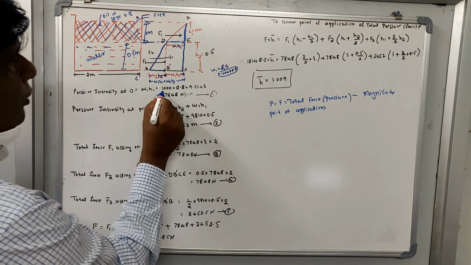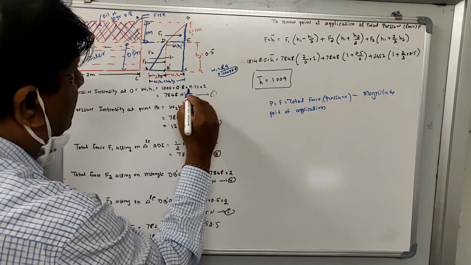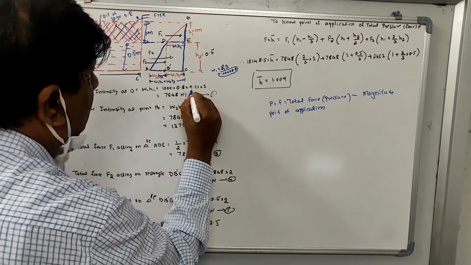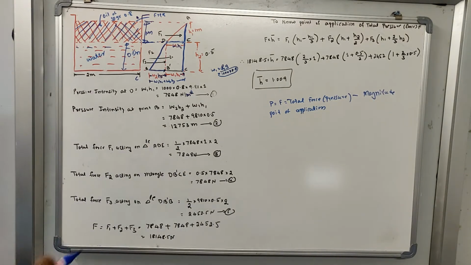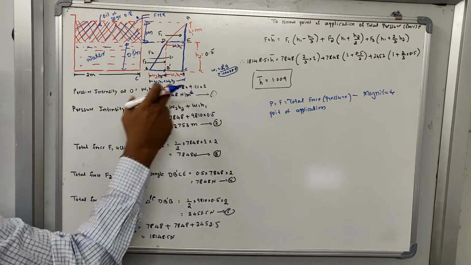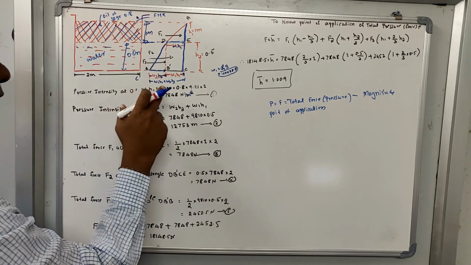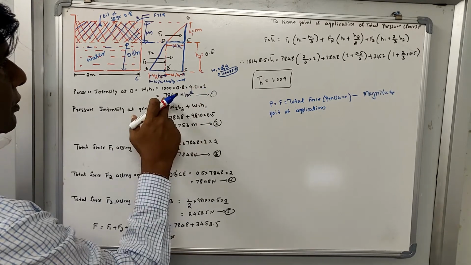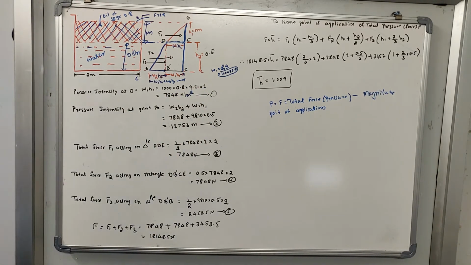So it is 9.81 into 1, so 7848 Newton per meter square. So that is the pressure intensity, or directly 9810, that is the unit weight of water, multiplied by 0.8, multiplied by 1, so 7848.